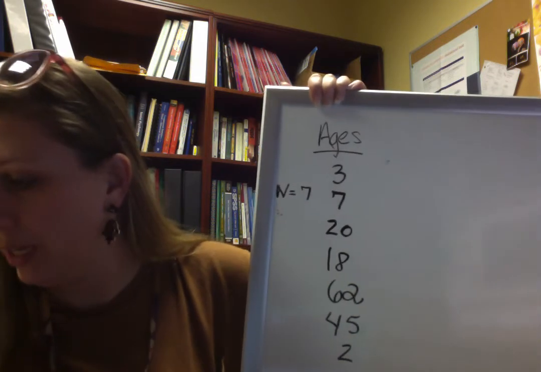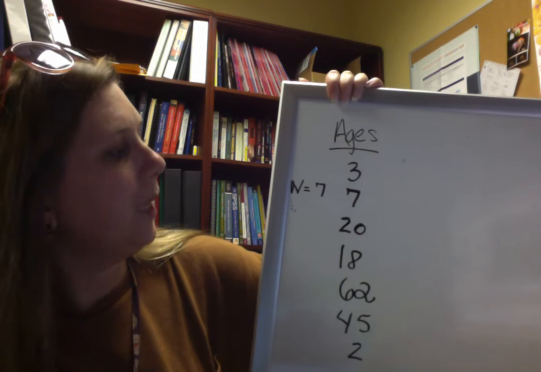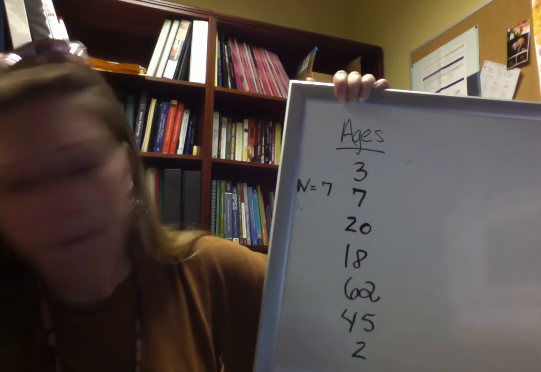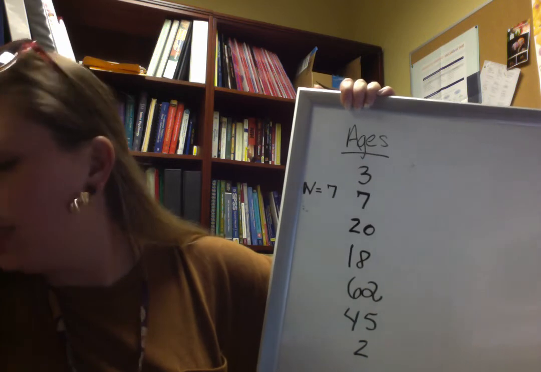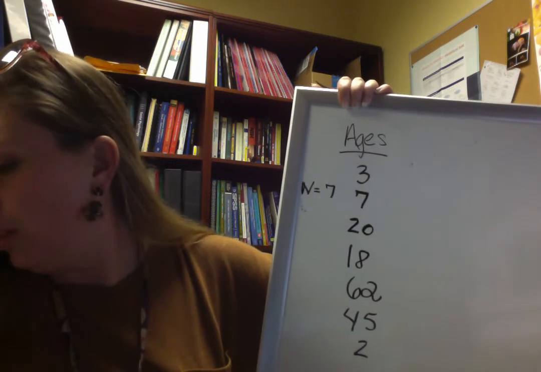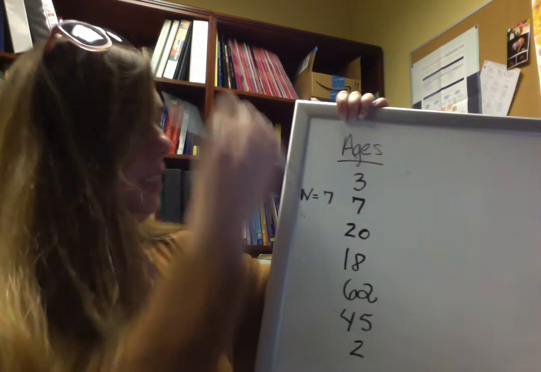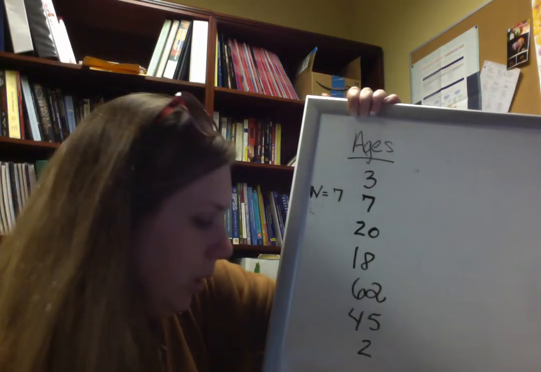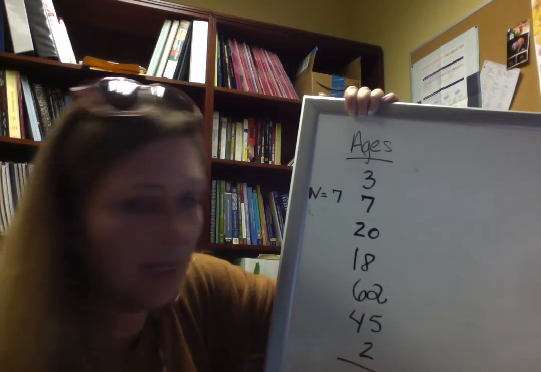So that's why I'm busting out my calculator. I'm going to have 3 plus 7 plus 20 plus 18 plus 62 plus 45 plus 2, and I got 157. Now, remember, is that the mean? No, it is not. It is just the sum.